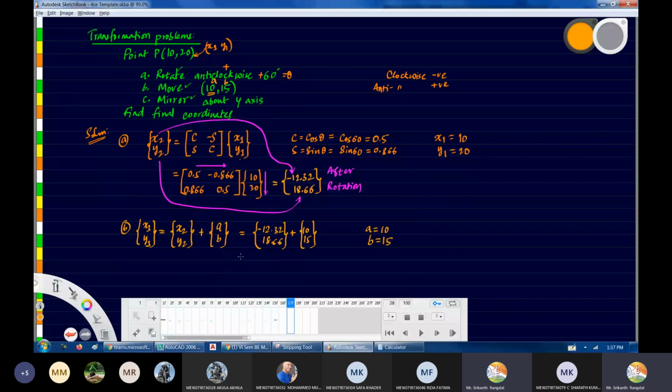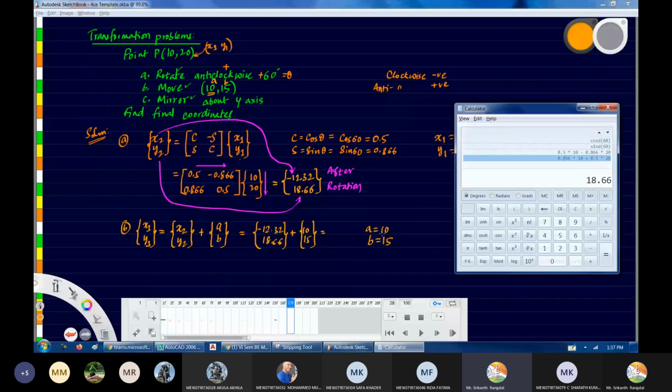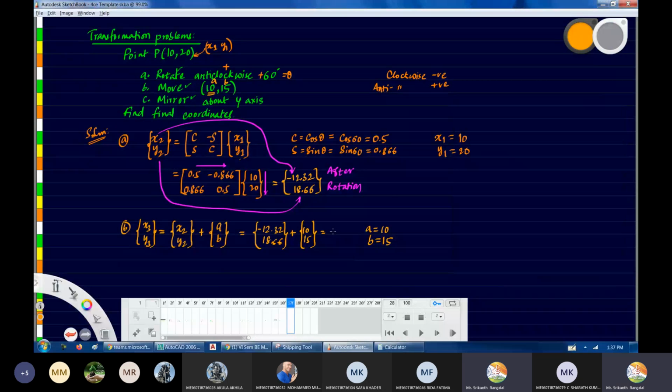Okay, so now what is the final value? Find it. What is the final value? So that is minus 12.32 plus 10 is minus 2.32.